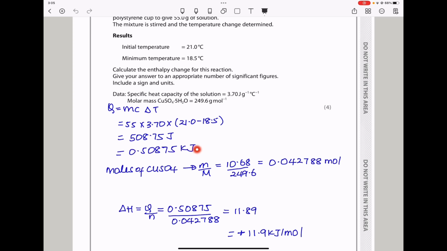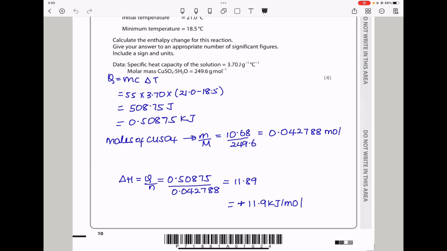But I converted this to kilojoules, which is that, by dividing by 1000. Next is to find the number of moles of copper sulfate, which is mass divided by molar mass. The mass is that, and this is the molar mass, and I got that in moles. So delta H is going to be the amount of energy divided by the number of moles. So I got 11.89, which I rounded off to 3 significant figures to give me positive 11.9 kilojoules per mole.